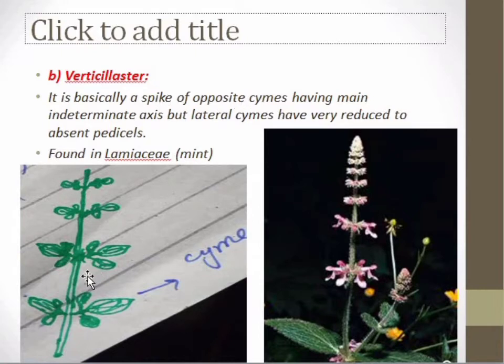But these lateral branches are cymes because the old flower is at the top showing determinate growth. So verticillaster is a cyme, and the main axis continues to grow showing indeterminate growth, but on lateral sides it bears sessile flowers or flowers having very reduced to absent pedicels, so they are considered sessile cymes. That's known as, it is basically a spike. In a spike there are lateral sessile flowers, that's why it is known as spike.